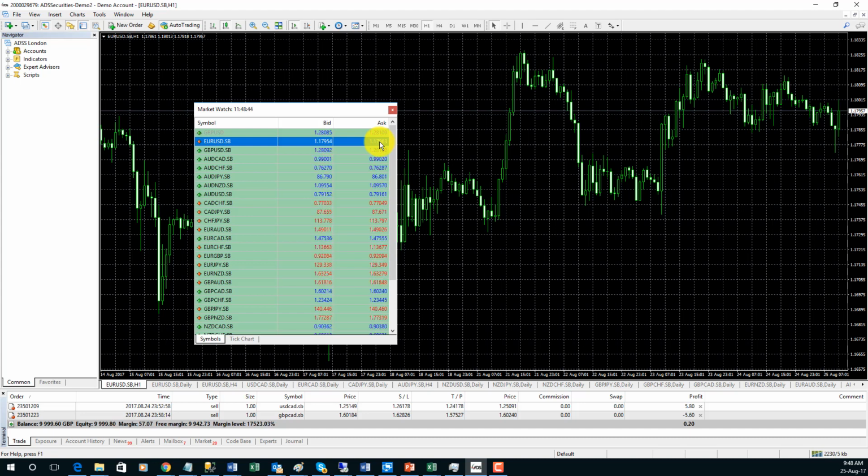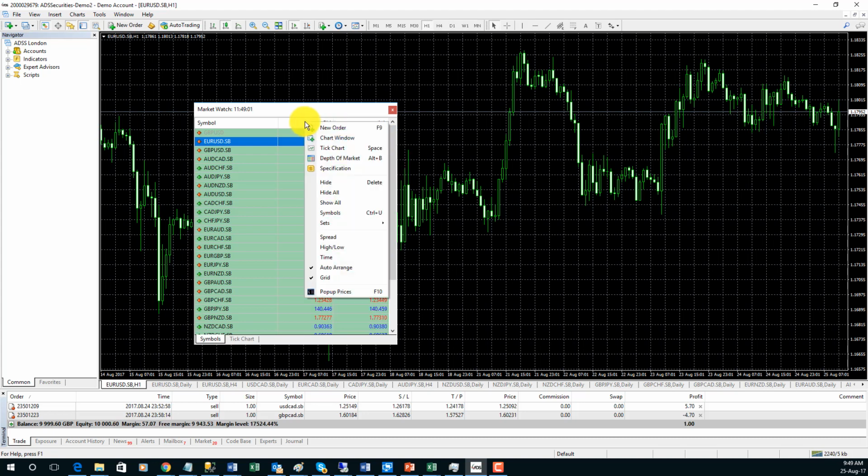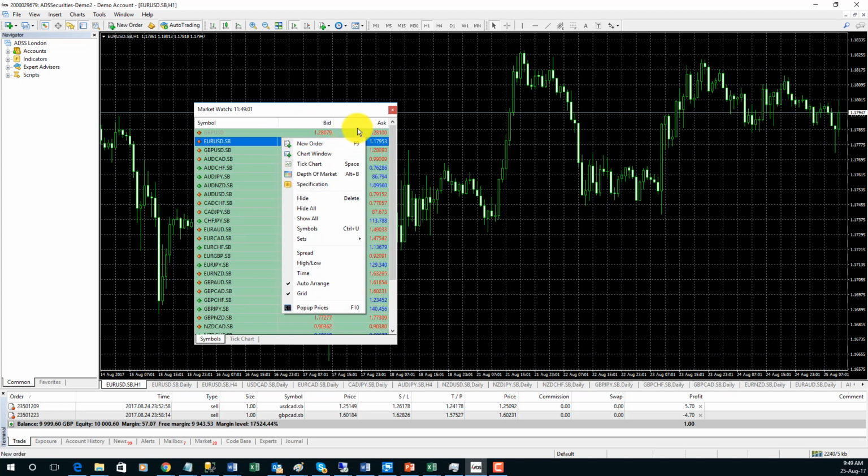Some of the older platforms, or a few years ago, they only ever gave you 4 decimal places, and each digit on the right hand side was a pip. Now we've got points, there's 10 points to a pip. But that gives you the spread, and you can view the spread very easily. If I right click, where was it?